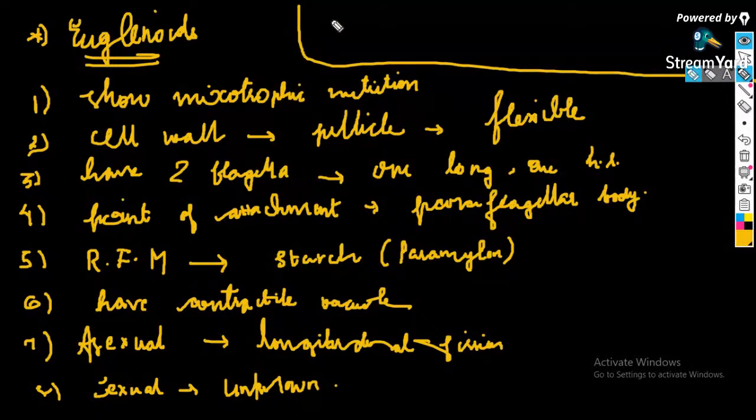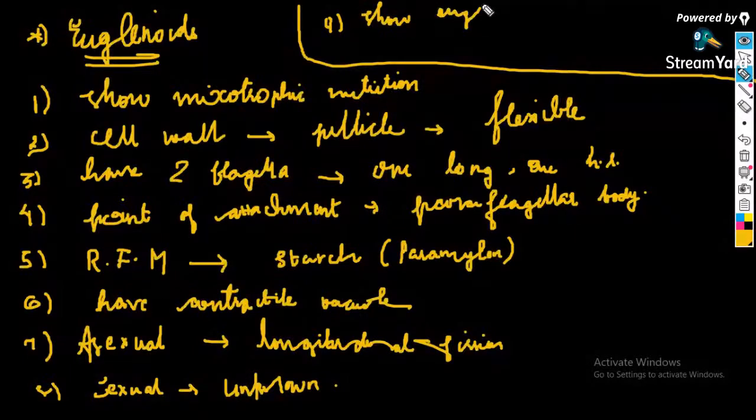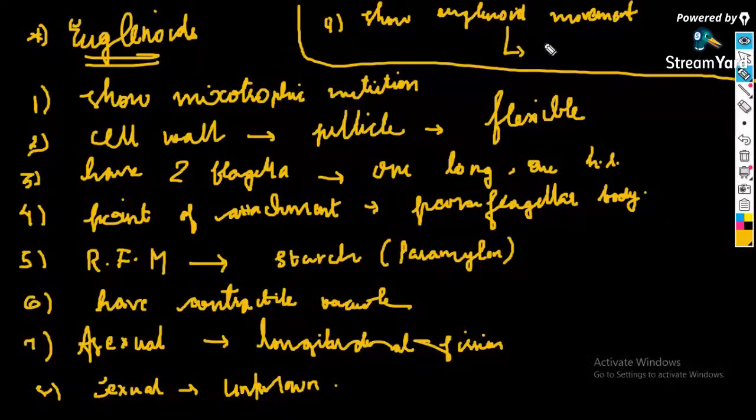Point number 9. They show euglenoid movement, and this euglenoid movement is known as metaboly.